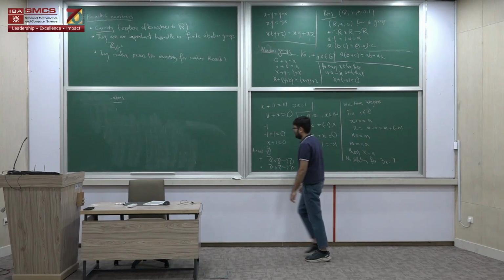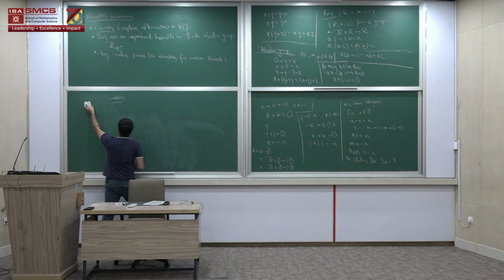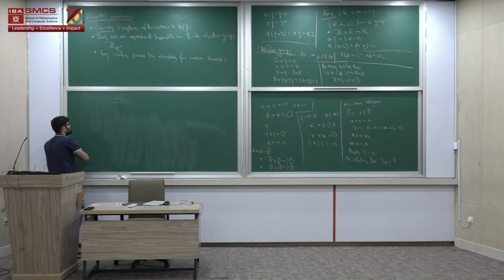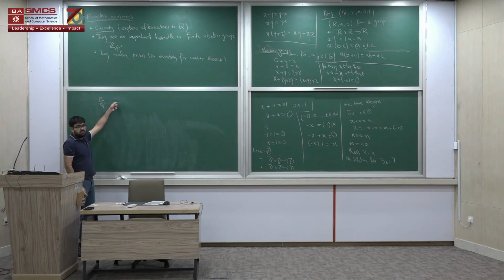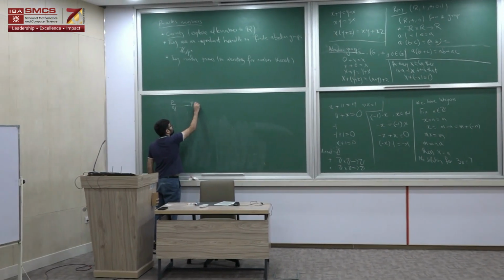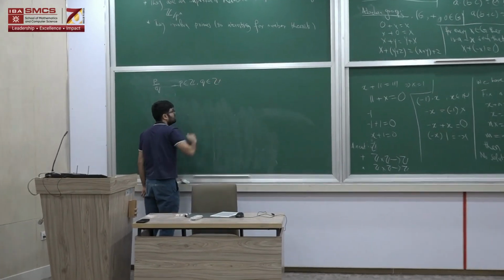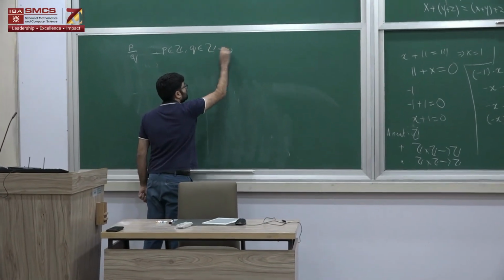I define a new set, and the elements of this set are of the form p over q. They are just tuples. I need two integers, p belongs to Z and q belongs to Z not equal to 0.